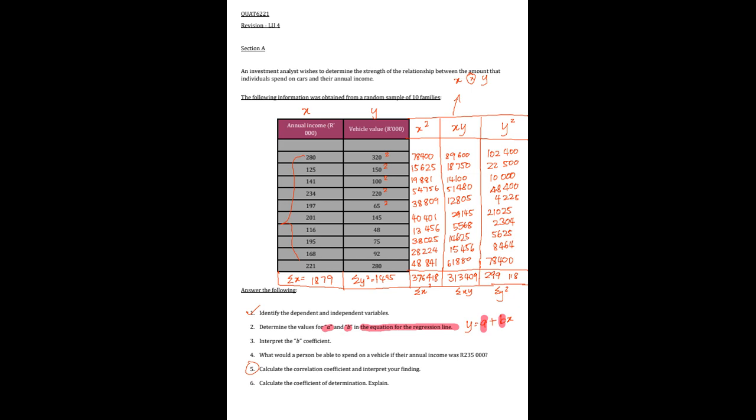So the formula is B is equal to n times the sum of xy minus the sum of x times the sum of y, and then it's over n times the sum of x squared minus the sum of x, all squared.